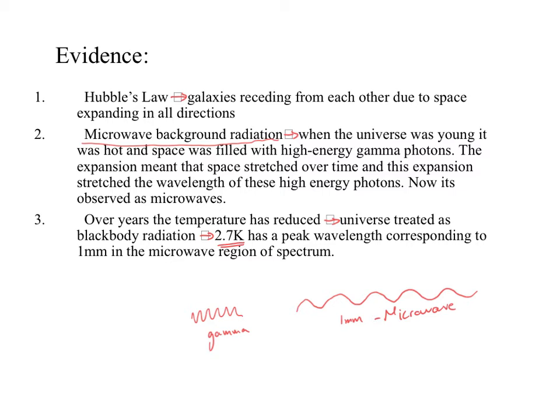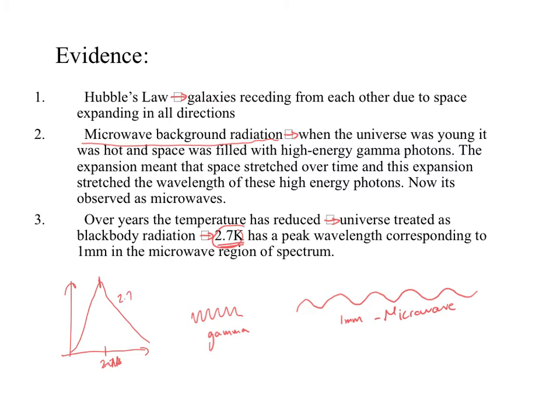If you go back to the previous chapter, we saw how anything can be treated as a black body, so it emits black body radiation. That radiation at this temperature has a peak in intensity. So if I remind you, the peak in intensity is at 2.7 Kelvin.